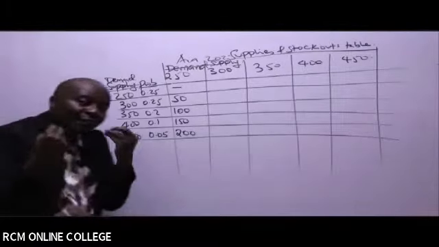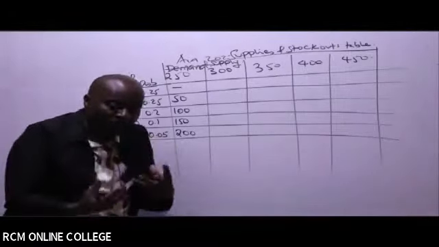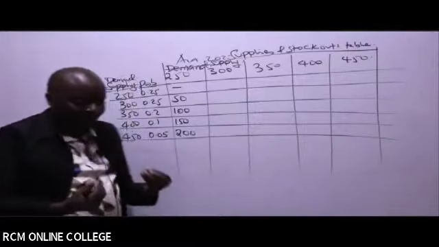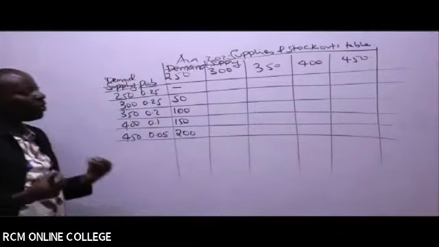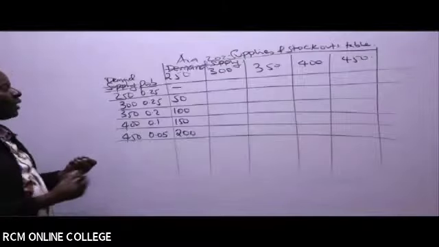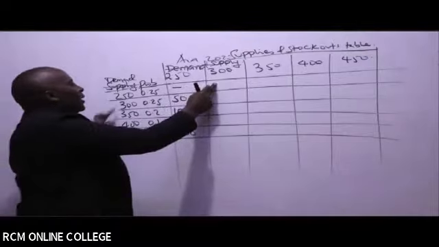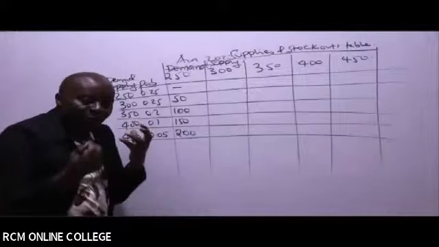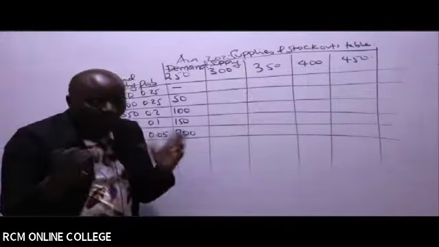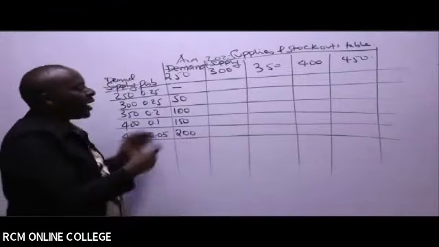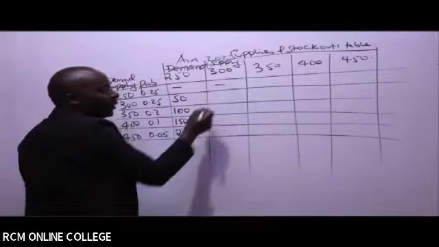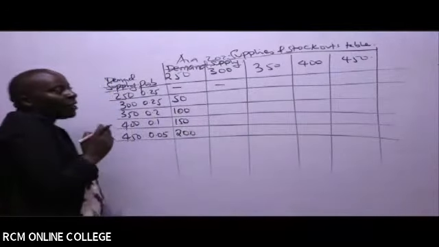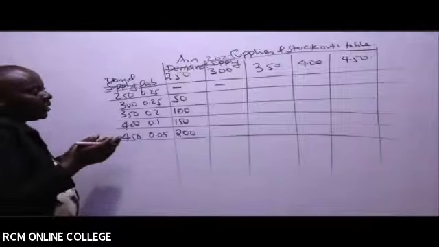Remember, it's about disappointing. How many customers have we disappointed? If we supply 300 and the demand is 250, are you going to disappoint anybody? No, you shall not disappoint anybody there. Actually, we will be left with something extra.